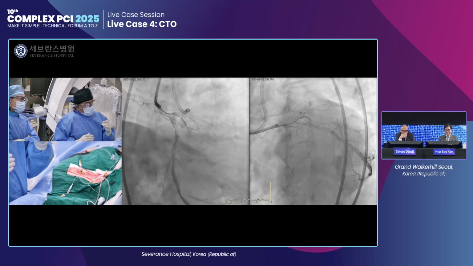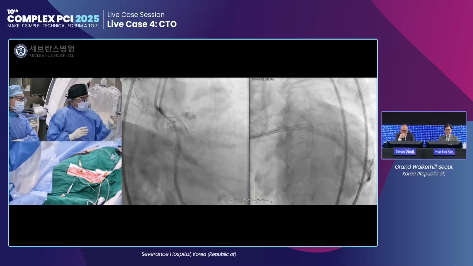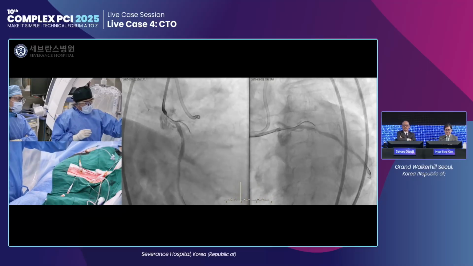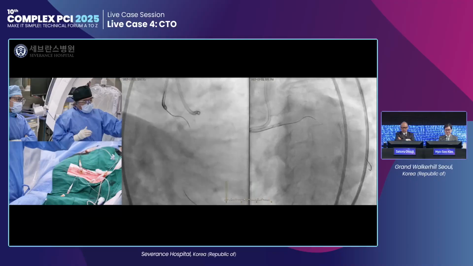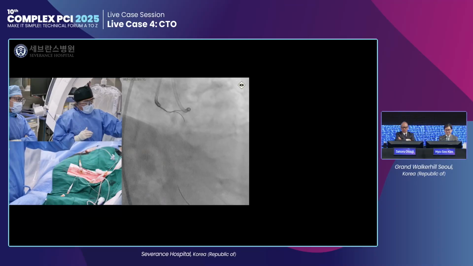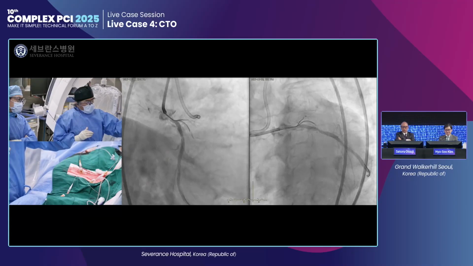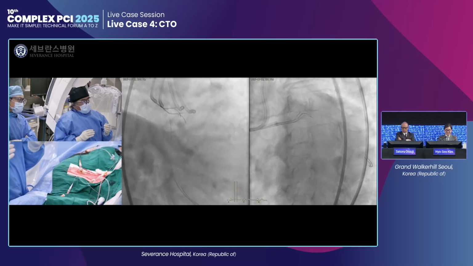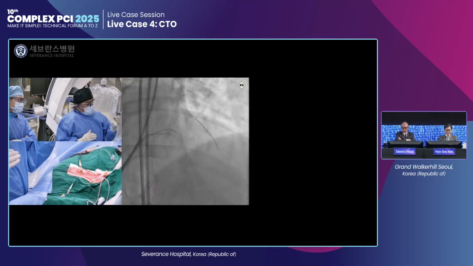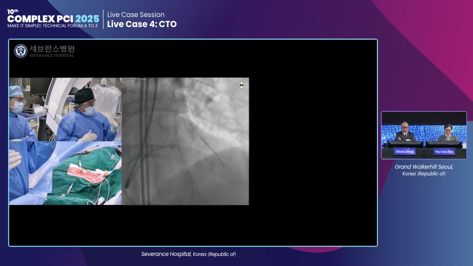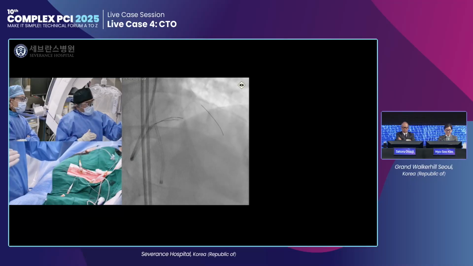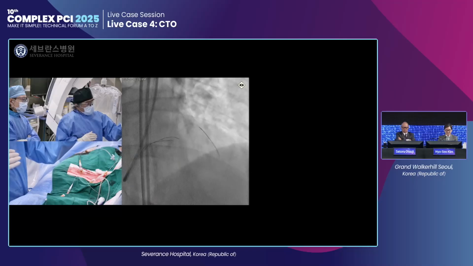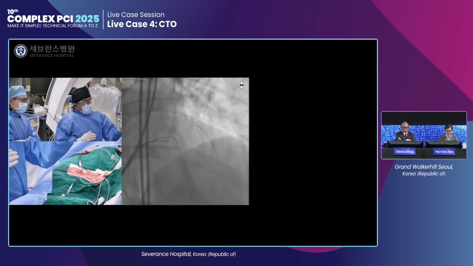And then I took the LAD view again, just before. Next one. And finally, this is the Hsien black. Next one. And definitely the wire tip is headed to the calcification of the LAD portion.